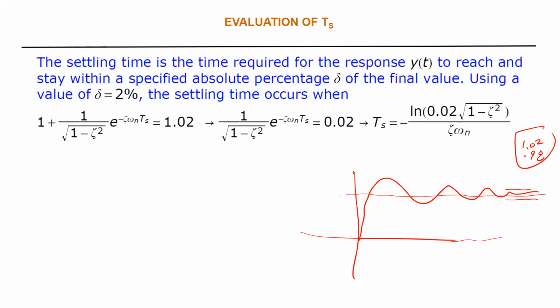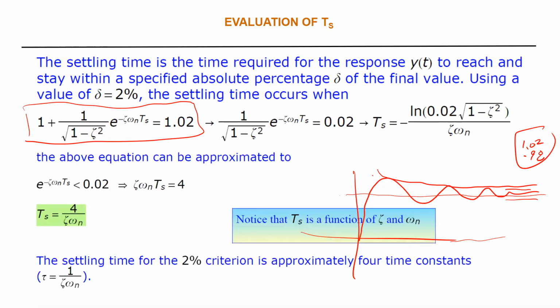If I want to take the upper one, let me take the equation of the envelope. This is basically the equation of the envelope. From this equation, we solve for TS, and we approximate it to be TS equal 4 over zeta omega n.